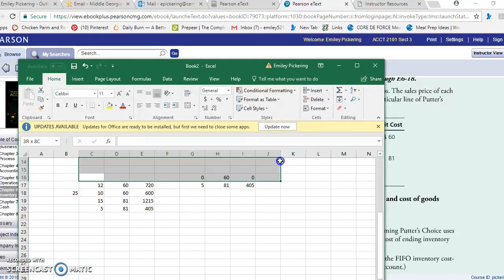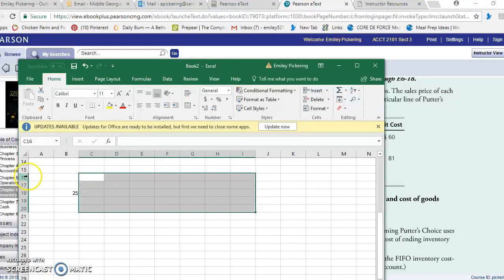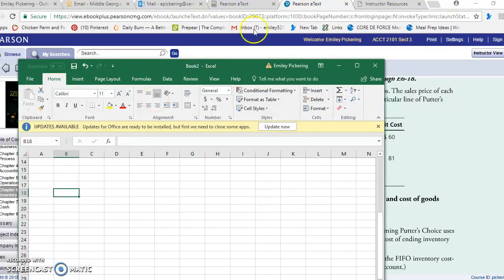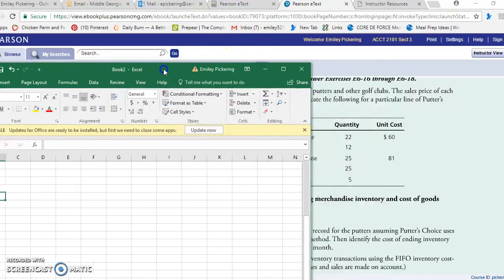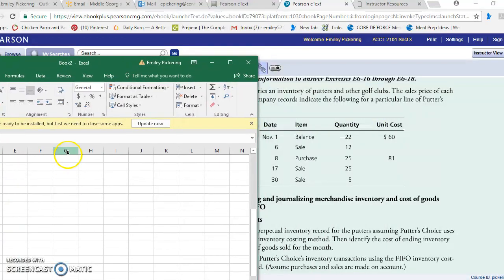Now let's go ahead and do the same problem using LIFO. So I began my inventory at 22 at $60 each, so $1,320.